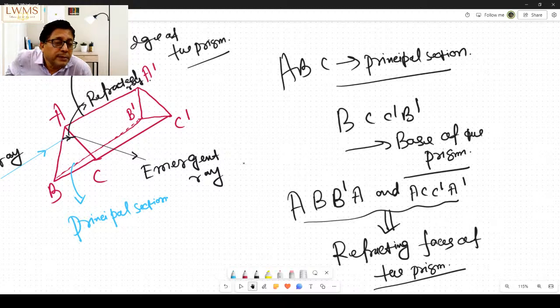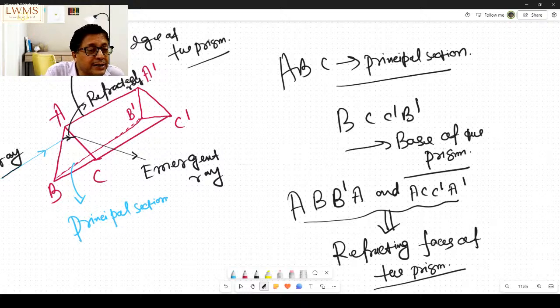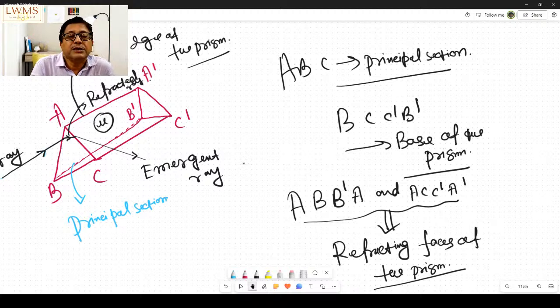Now this prism is a three-dimensional object. It has the property to refract this light ray. So definitely it has a fixed value of mu, that is called the refractive index. This prism, the brilliance of diamond you have done.